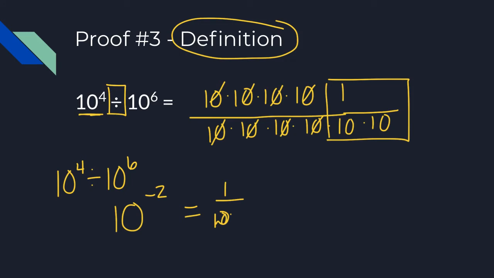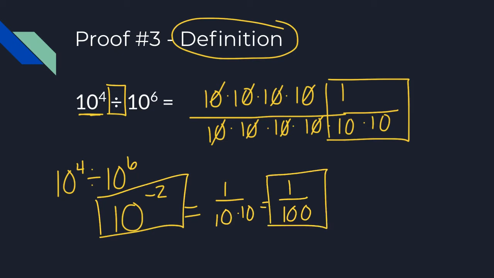Let me erase that, make that a little neater. I got 1 over 10 times 10, which is 1 over 100. Same problem. I did it 2 different ways.